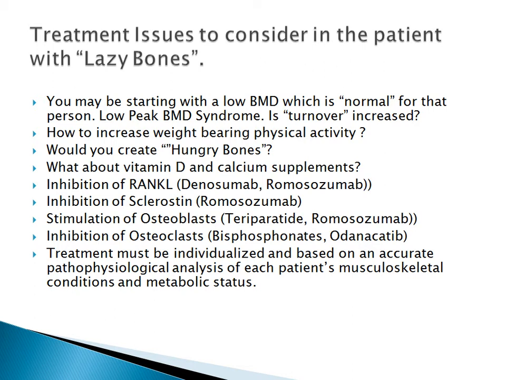Now, what about vitamin D and calcium supplements? This needs to be considered. There are also a number of pharmaceuticals. For example, those that inhibit RANK ligand activity, like denosumab, Prolia, and there's a new anti-sclerostin antibody that has not been released, it's undergoing development, romosozumab, which you'll be able to consider in the future.